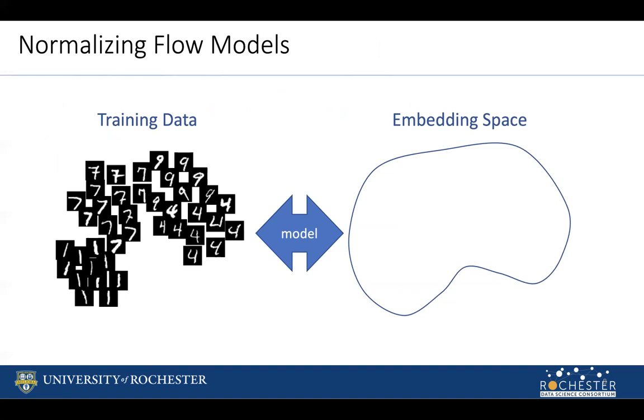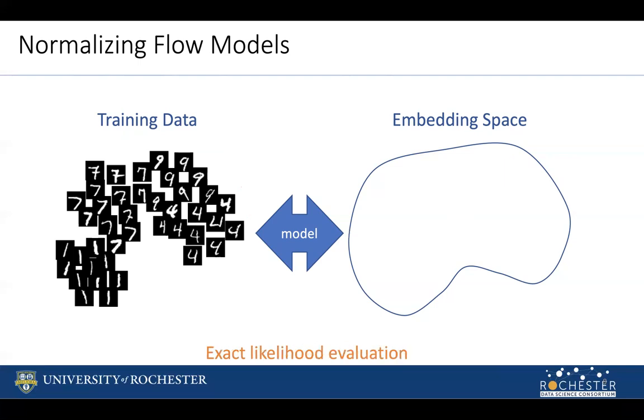Normalizing flow models are a family of generative models which are tractable and explicitly learn the data distribution. Specifically, we exploit the exact log likelihood evaluation, latent variable inference, and data sample reconstruction afforded by normalizing flow models. Latent variable inference refers to being able to compute the embedding representation of a given sample.